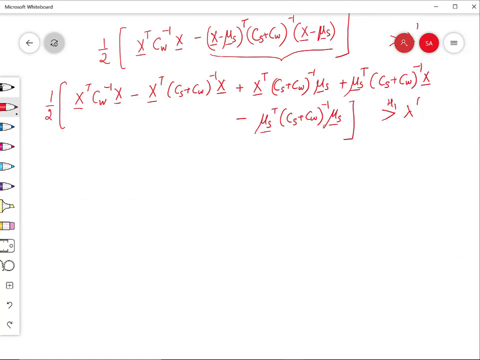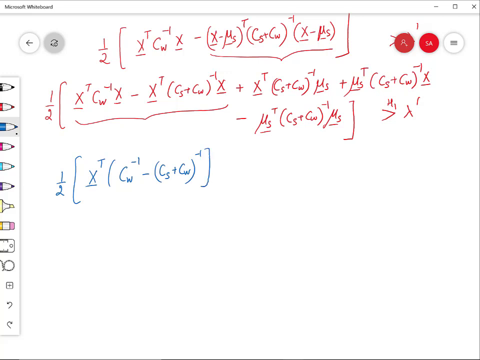Alright, now here you can see I can combine these two entities. So let me write it as half of x transpose (CW inverse minus (CS plus CW) inverse) x plus, now you can see these two quantities are the same.